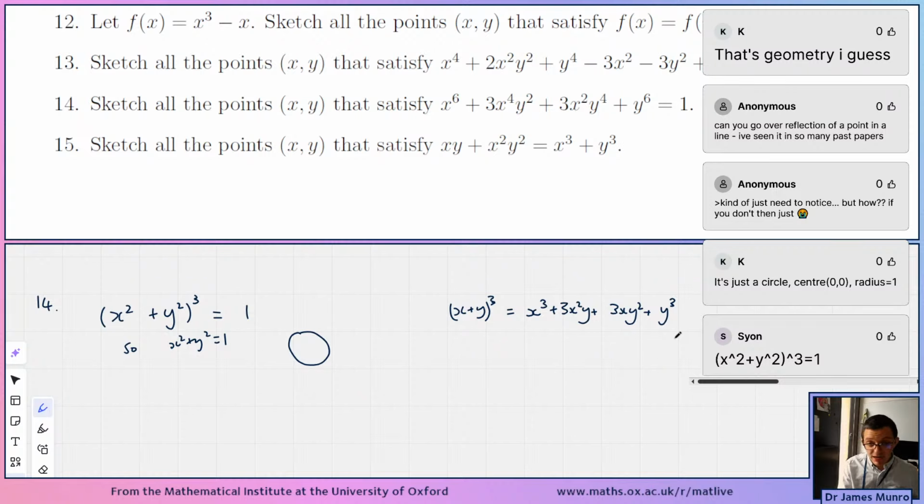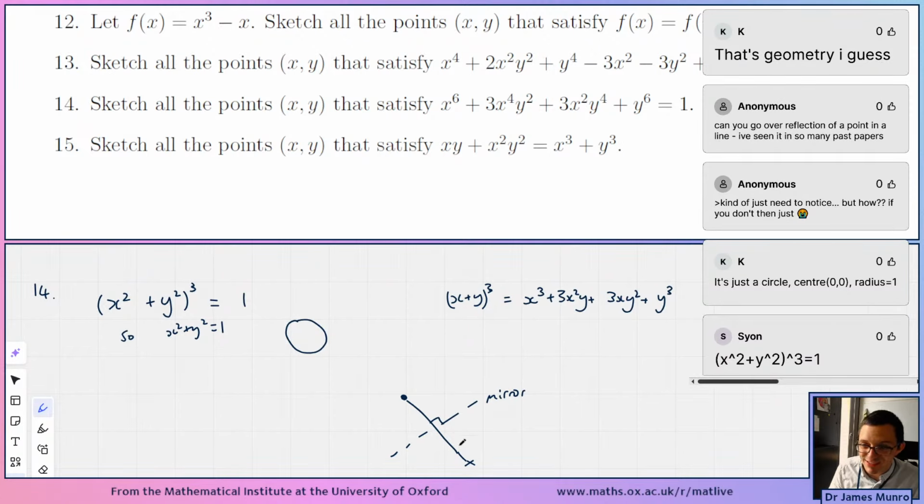I would do some maths, to be honest, if I wanted to reflect a point in a line. I can't remember a formula for it, but I would draw a diagram and I would work out a line that's perpendicular to the line you're reflecting in, so that I can move the point at right angles to the mirror. You have a mirror over here, and you have a point, and you want to reflect it in the mirror. Well, I would work out the equation of this line, and I would go an equal distance over here, because things in mirrors appear to be an equal distance to the other side of the mirror.